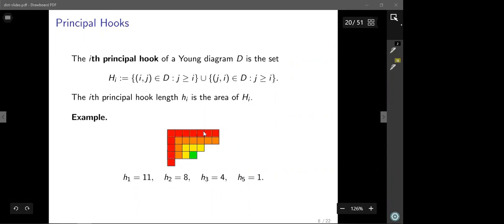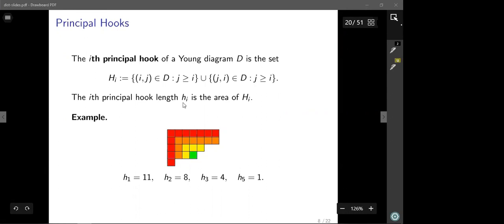The second principal hook is the orange boxes. I go inside, and take everything in the second row and the second column except what I've already used up in the first principal hook. The yellow is the third principal hook, and the green is the fourth principal hook. So that's what I mean by principal hooks.